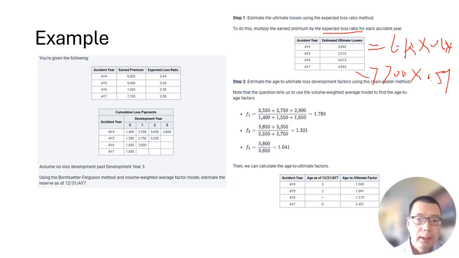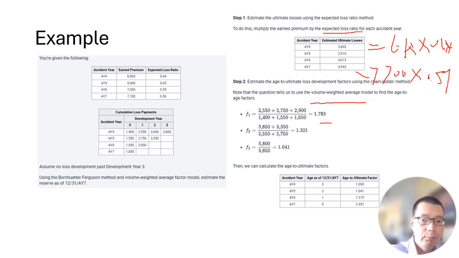The second step is to estimate the age-to-ultimate loss development factors using the chain ladder method. Note that the question tells us to use the volume-weighted average model. In the volume-weighted average model, basically you sum up the numerators and sum up the denominators together for a factor.